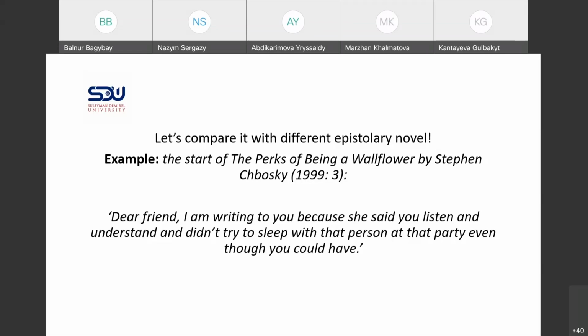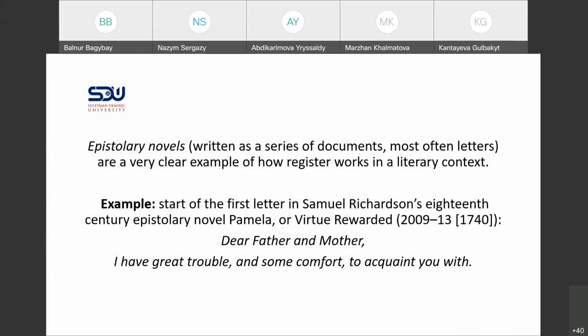Thank you very much. So as you may see here, the medium is quite different from the medium applied in the previous epistolary novel, Pamela, right? But as you may find out, the tone is clearly different. It's absolutely different. Why? Because it's less formal. Let's have a look at the one from Pamela again.